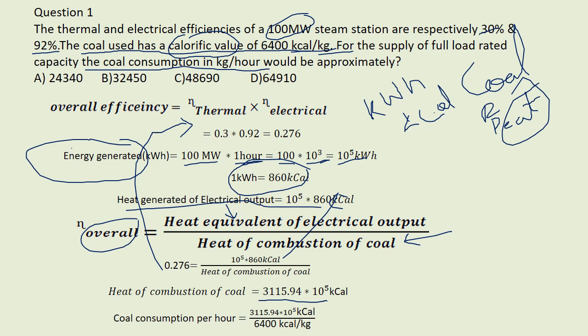So this kilocalorie and this kilocalorie cancel out, and kg remains. Your final answer will be 48690 kg per hour. In 1 hour you require this much coal. So your answer will be option C.